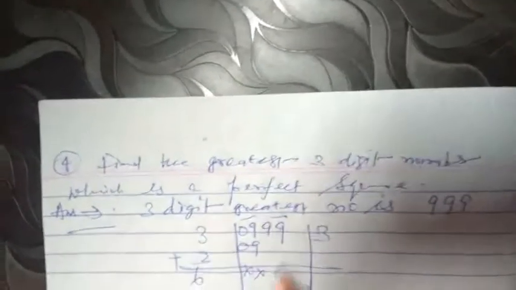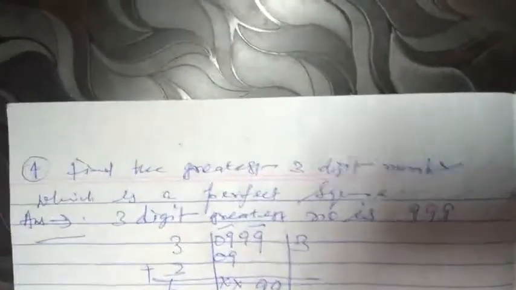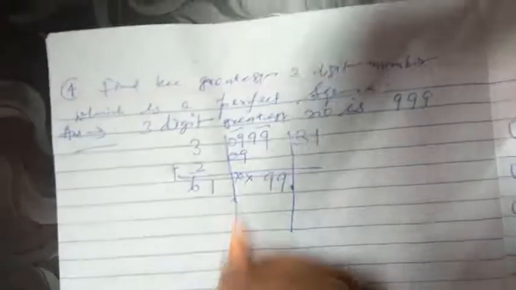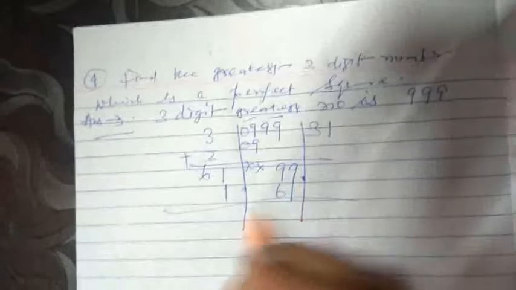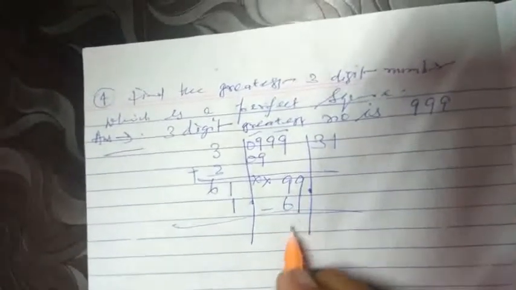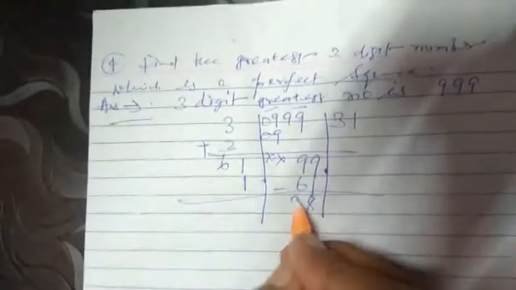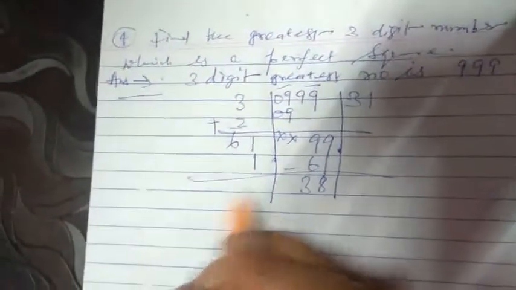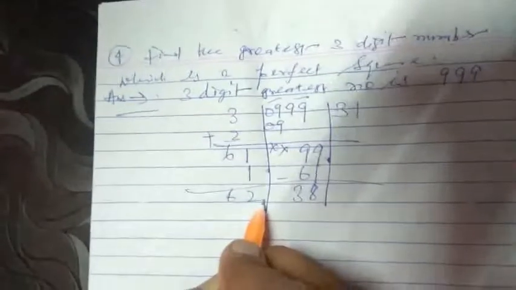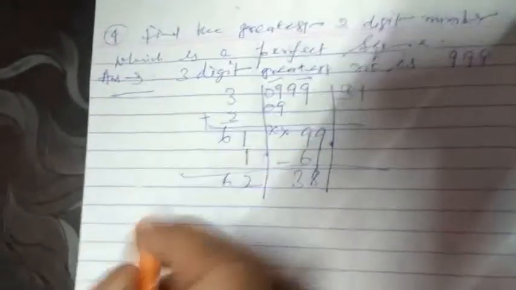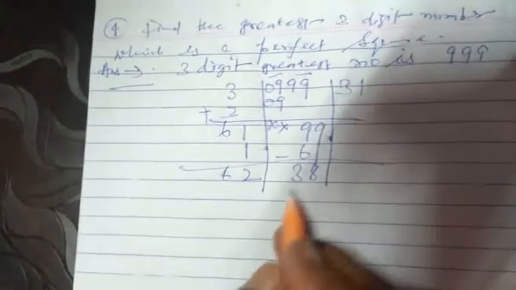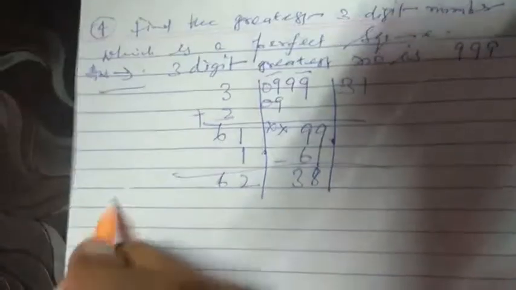Add this number here, 3 and 3 is 6, 99. 1, write 1 here, and this number here 61, 1 times 61 is 61. Subtract it: 99 minus 61 is 38. Add this number 62.